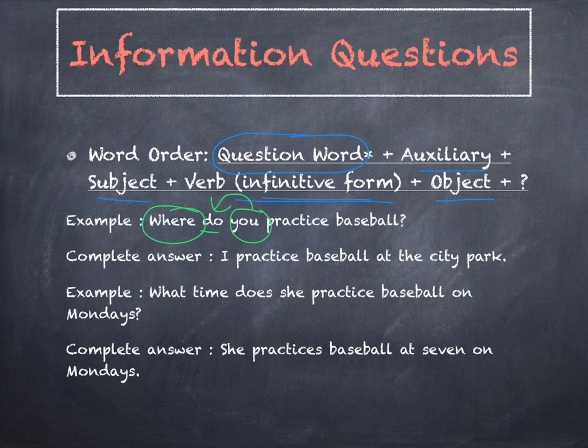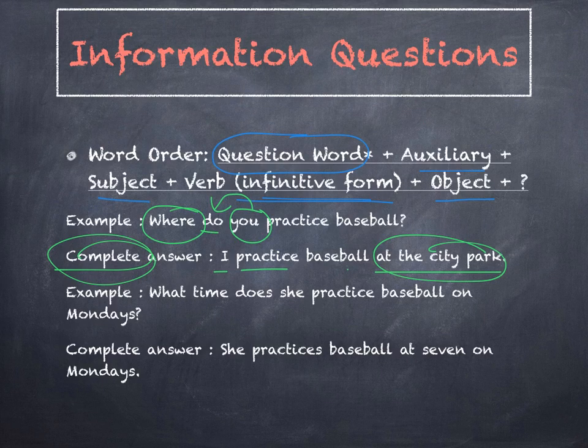So you remember that it means you're looking for a place. So it's going to be part of your answer. Where do you practice baseball? To answer, I said I need a complete answer. So subject, verb, and then object, and here's my answer.